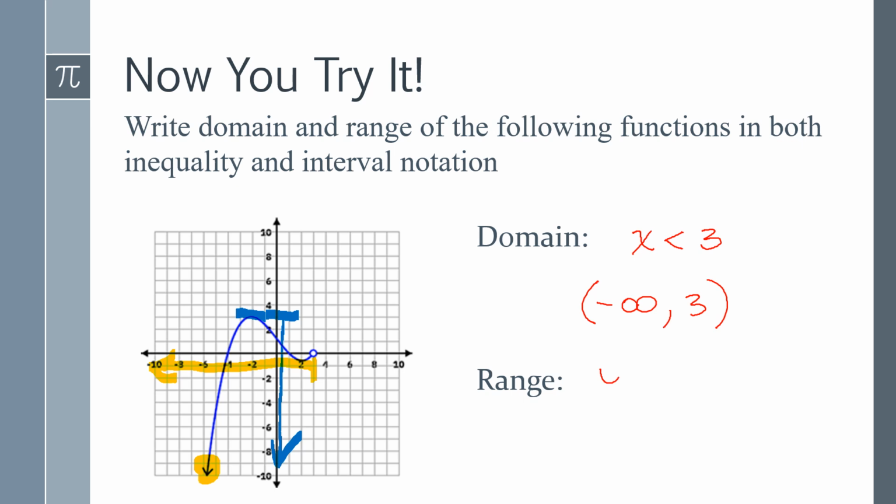So y would be less than or equal to 3 because it touches 3. There's no hole there. So we can assume it touches 3. And then we would state this as -infinity to 3, and then with the bracket.